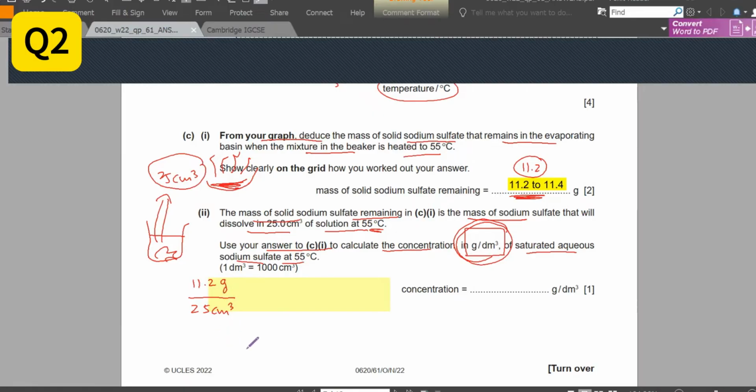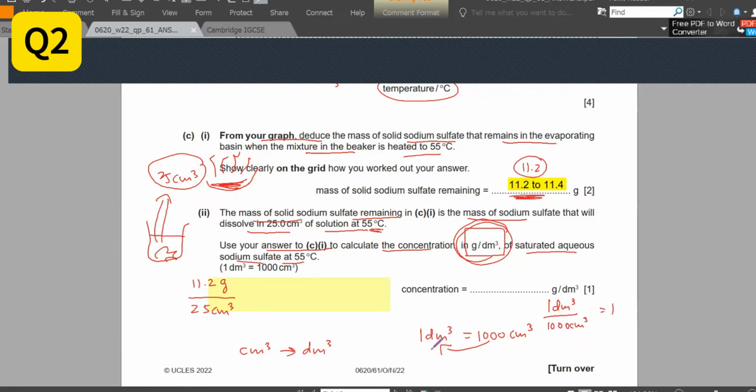Now the cm cube, we need to convert to dm cube. We know 1 dm cube equals 1000 cm cube. So this we can rewrite in two ways. If we move 1000 to here, we get 1 dm cube over 1000 cm cube equals 1.